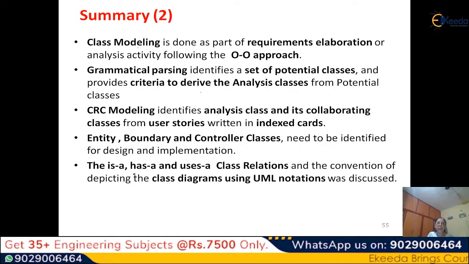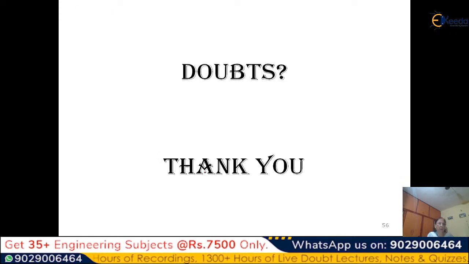The relations are is-a, has-a, and uses-a. Is-a is having knowledge. Has-a means it's a part, aggregate kind of thing, and uses-a means it is more of a generalization and specification. So that's it. Thank you.